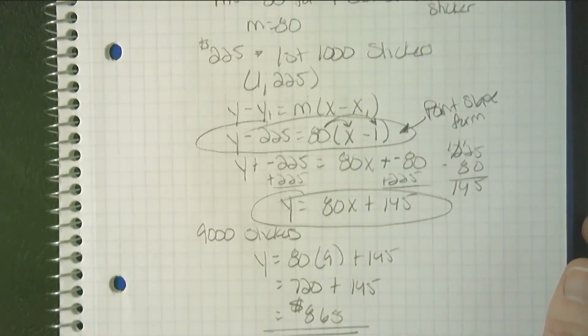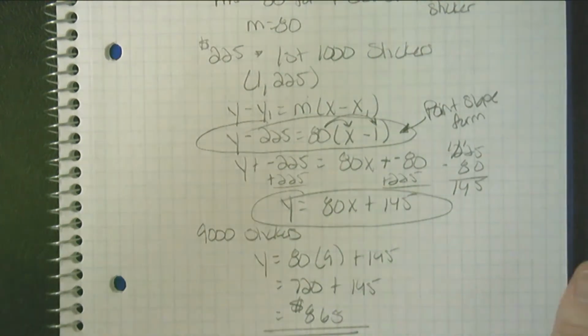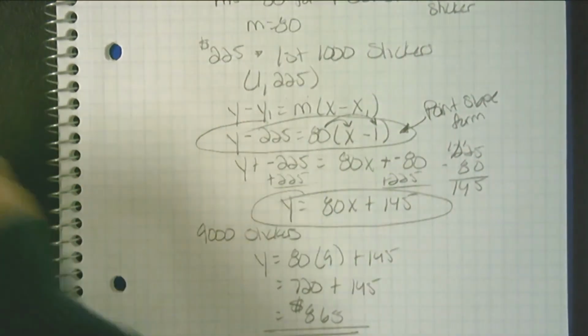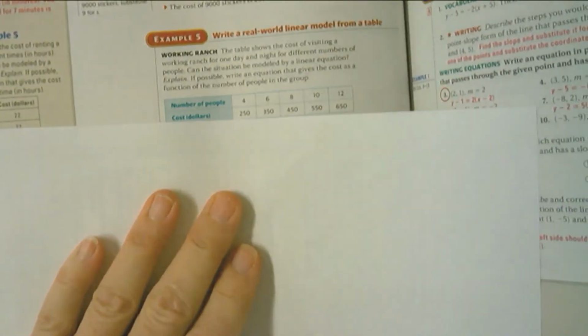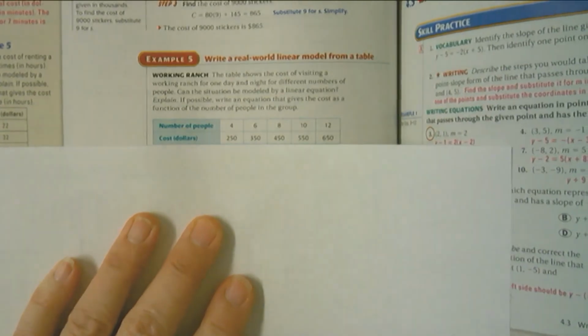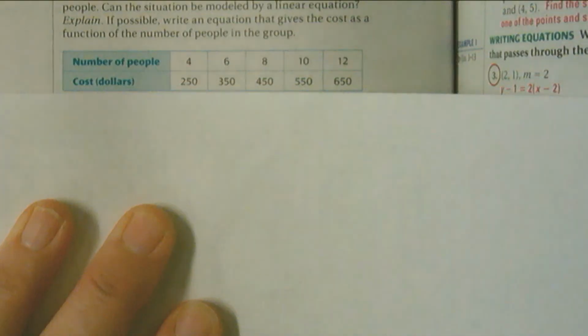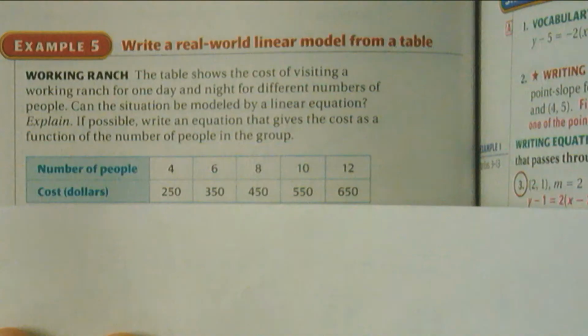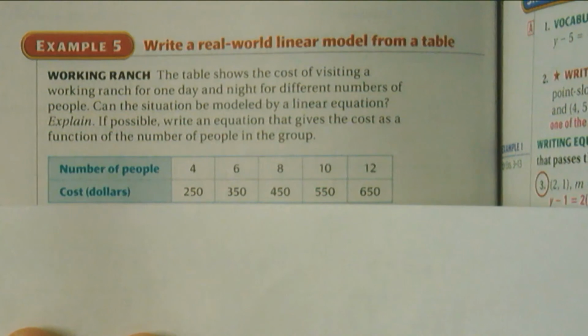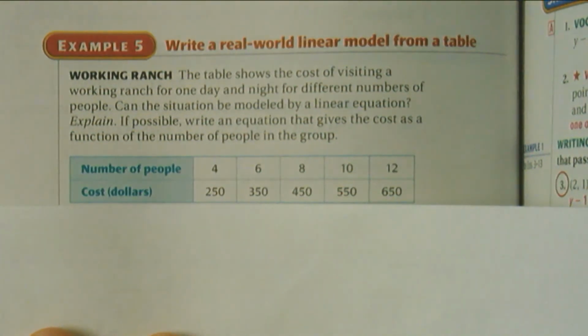Yes? Okay. So I have another one I want to give you. So they were nice in the last one to give you slope. Again, I want you starting with point slope form.